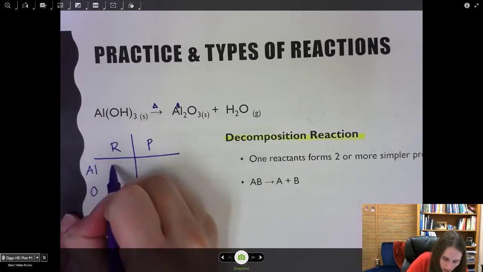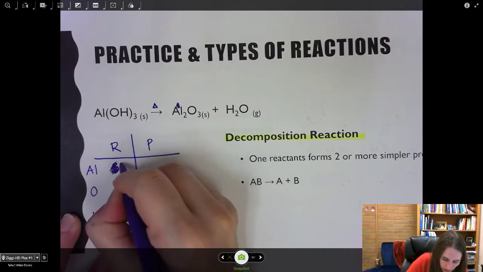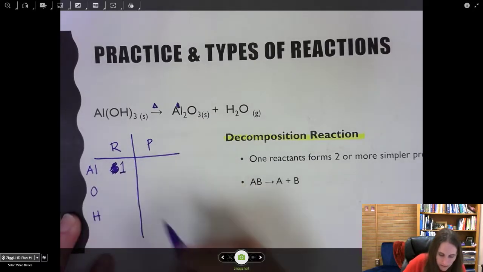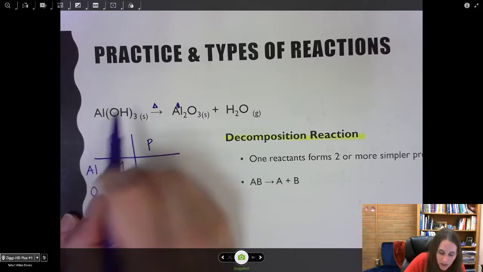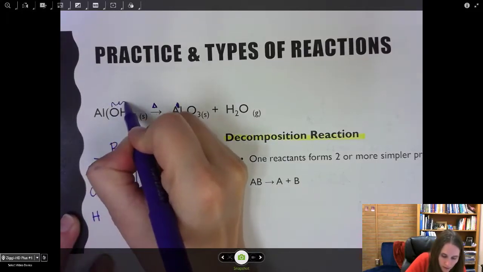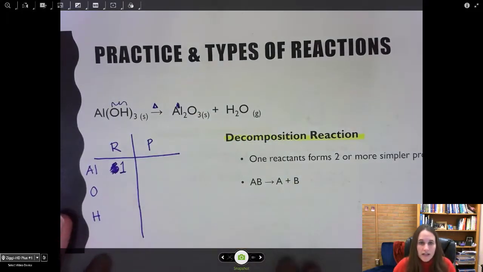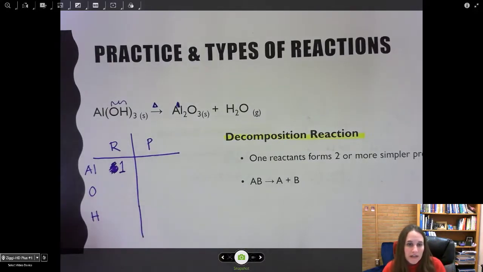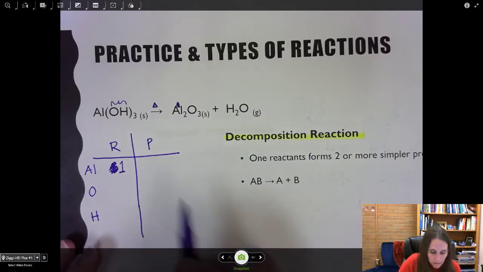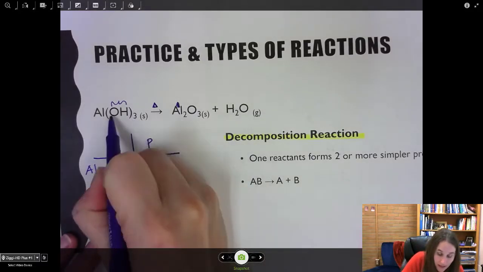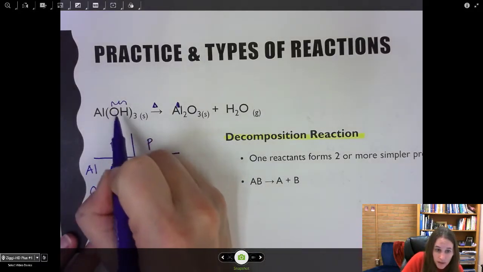So on my reactant side, whoops, I did the thing I was just about to tell you not to do. Ha ha ha. I have one aluminum atom. So this 3 here does not apply to the aluminum. It only applies to the polyatomic ion, the hydroxide ion. So I have solid aluminum hydroxide decomposes to aluminum oxide and water. But the 3 does multiply to those in between, but not the aluminum.